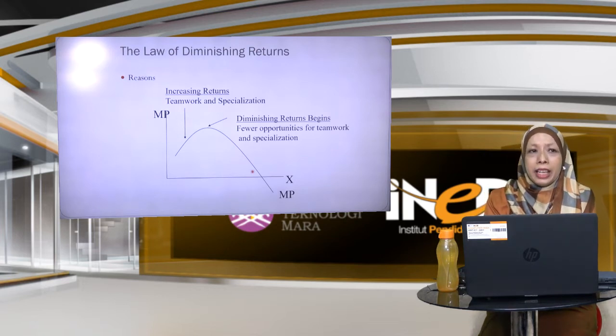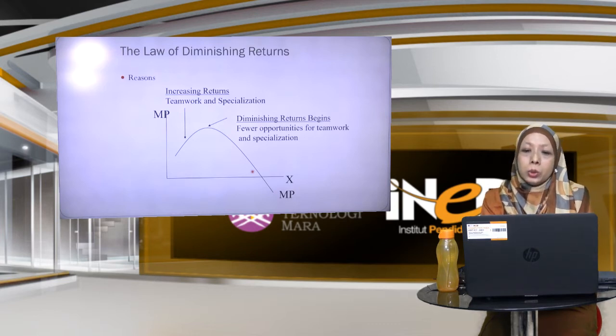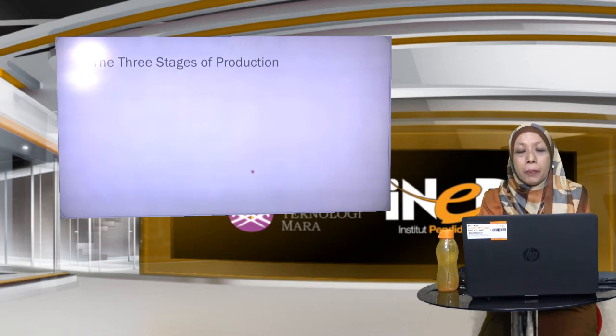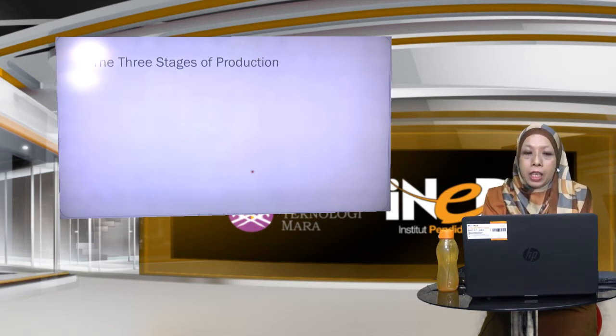To find answers to this question, we need to visit the 3 stages of production. The 3 stages of production are established based on the production curve that we have. So let us first look at what the 3 stages are, and then we're going to look at the production curve again and identify the 3 stages.